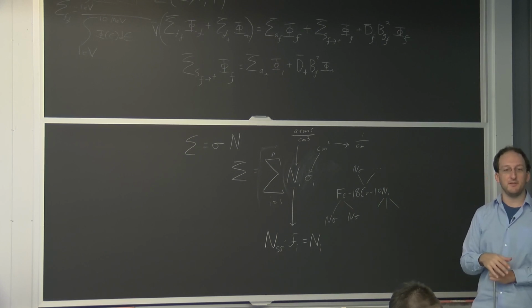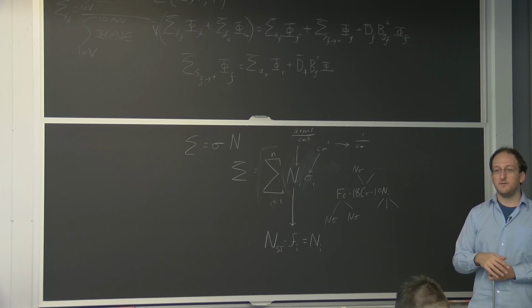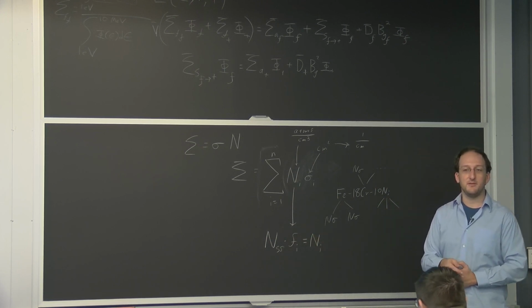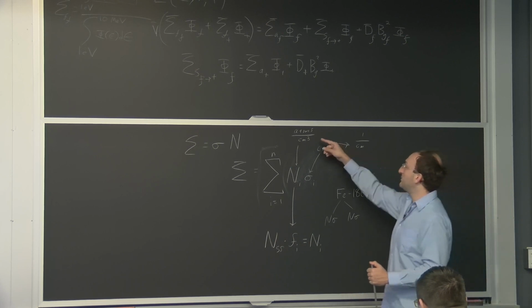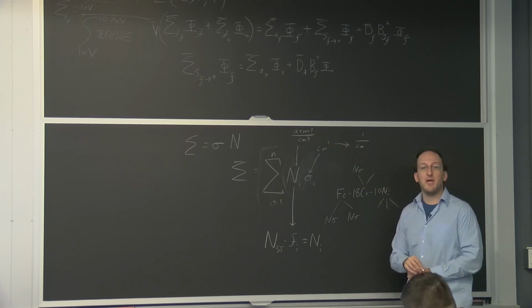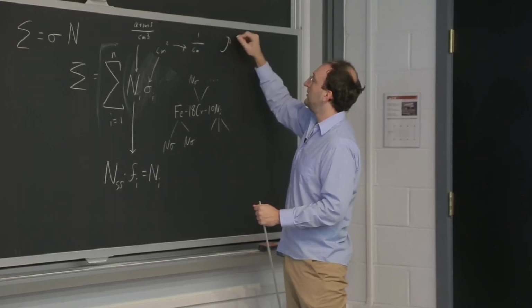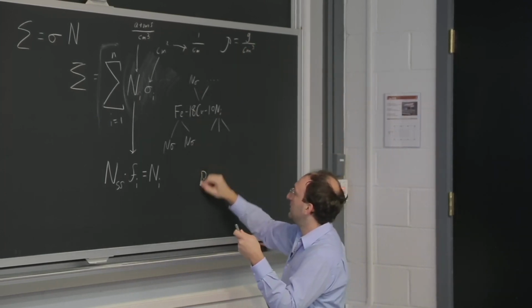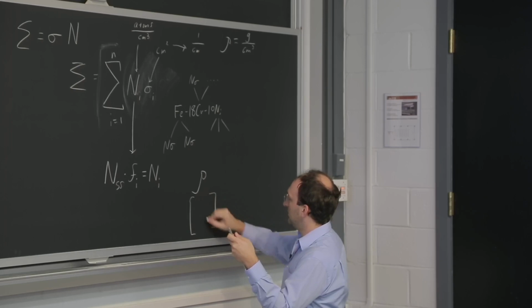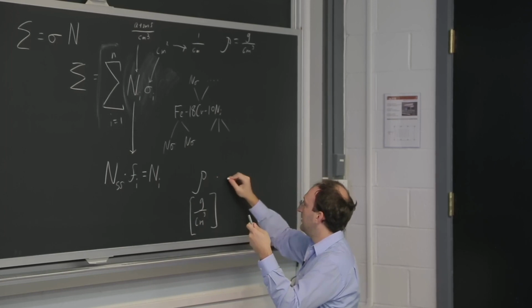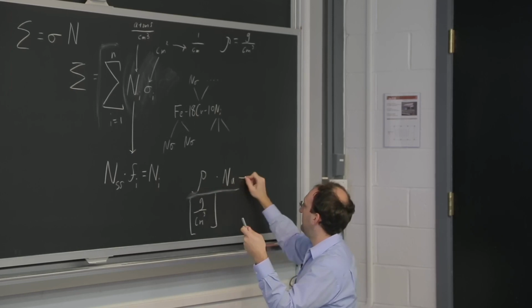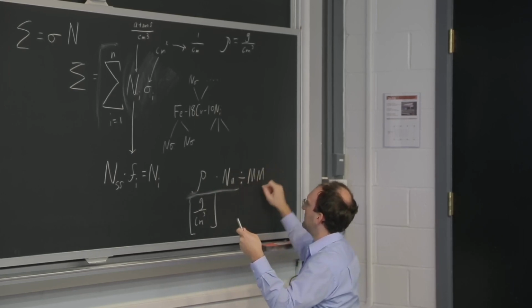Does this make sense to everybody? Does anyone not know how to get a number density of a material from its basic chemical properties? OK. So a number density is in atoms per cubic centimeter. And usually we would have something like its density, which would be grams per cubic centimeter. So if we take density in grams per centimeter cubed and multiply by Avogadro's number and divide by the molar mass.